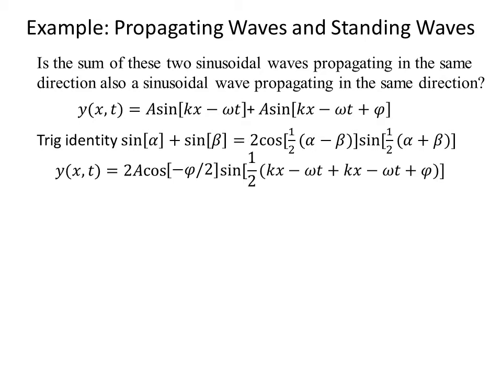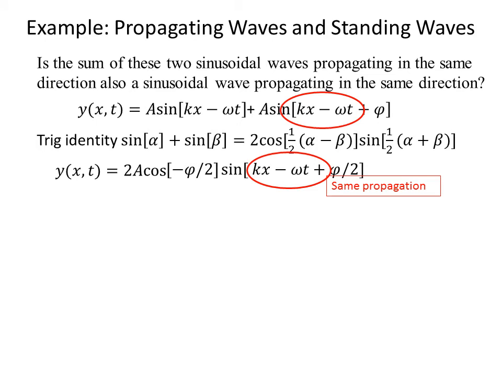Now we look at the second part of the trig identity, the sine of 1/2 the sum. Here the kx's are going to add, and so are the omega t's, and the phase is left unchanged. So we have sine of kx minus omega t plus phi over 2.